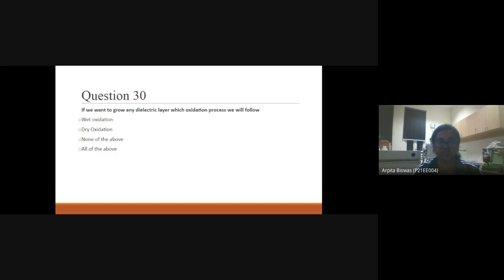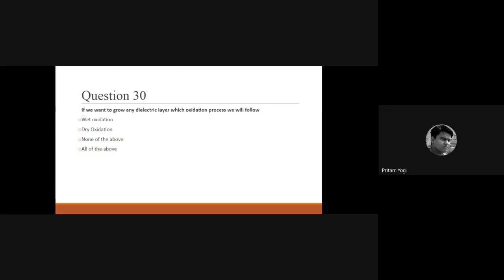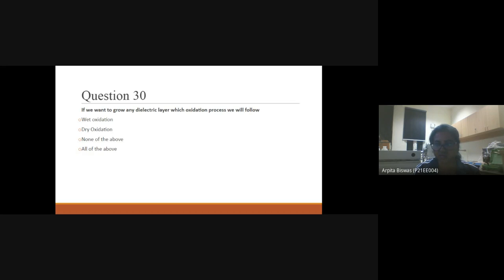And this is our last question. If we want to grow a dielectric layer, which oxidation process will we follow? Wet oxidation, dry oxidation, none of the above, or all of the above? I think dry. For the dielectric process, what type of oxide layer do we want?